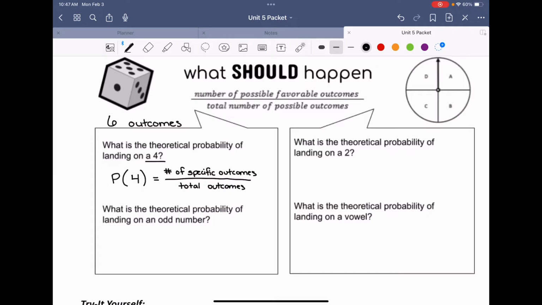My specific outcomes are based off of what they're asking me. They want to know how many times a 4 is going to show up. So I'm going to say, well, there's 1 four on the die. There's 6 total options. So my probability would be 1/6.